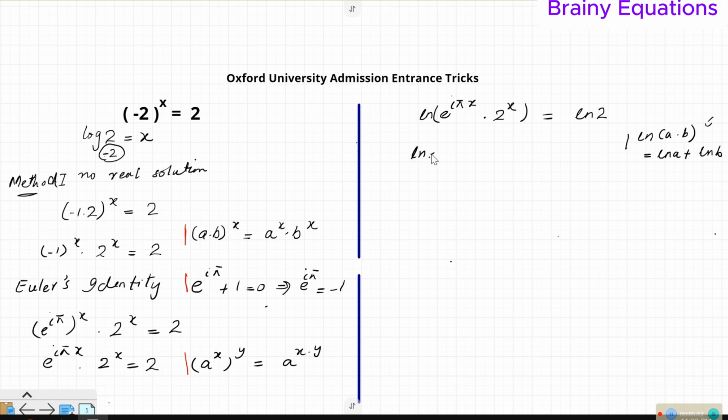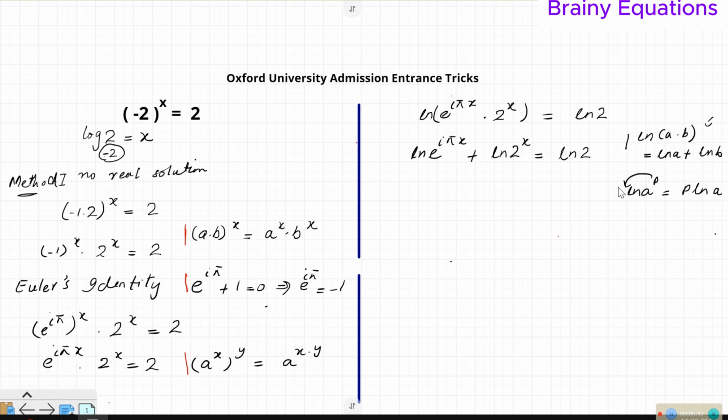ln of e^(i pi x) plus ln 2^x is equal to ln 2. So we will use another very well-known identity here, that ln of a to the power p is equal to p ln of a.